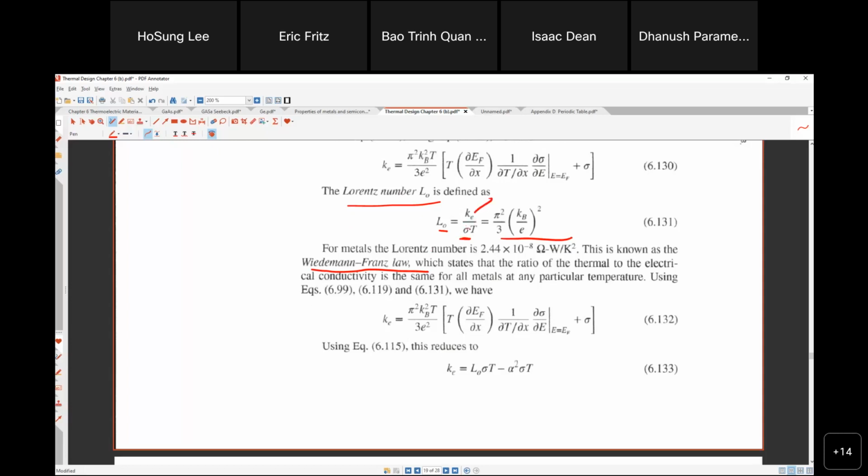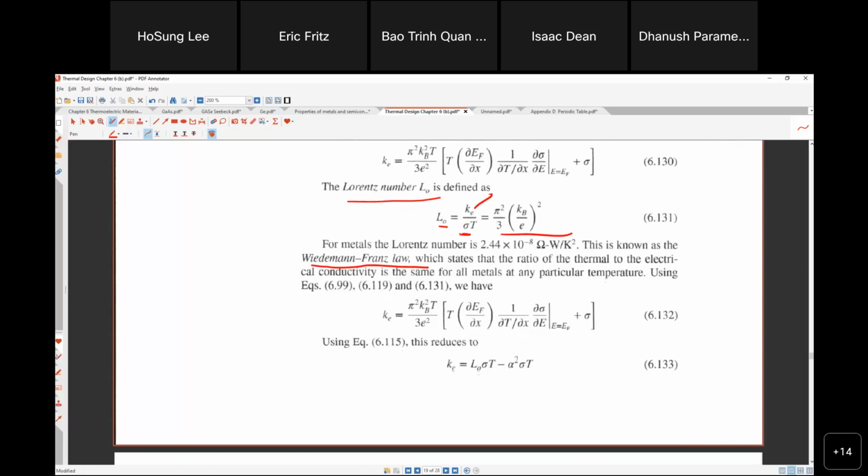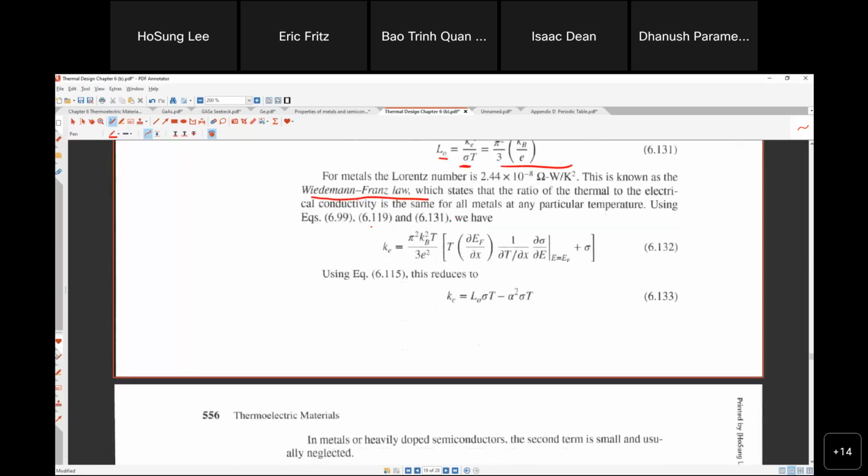Very difficult to control. Anyhow, using the equation, we come up with this and then this. Interestingly, the Lorentz number is constant. Sigma is electrical conductivity, T is temperature, minus the Seebeck squared sigma T.